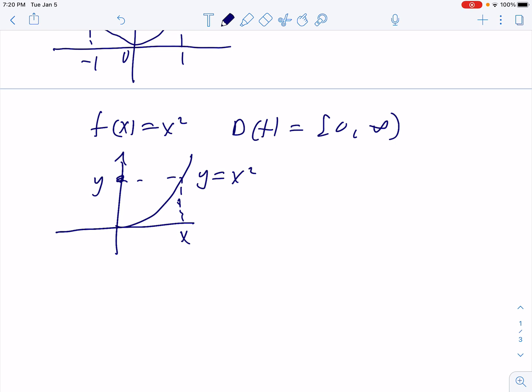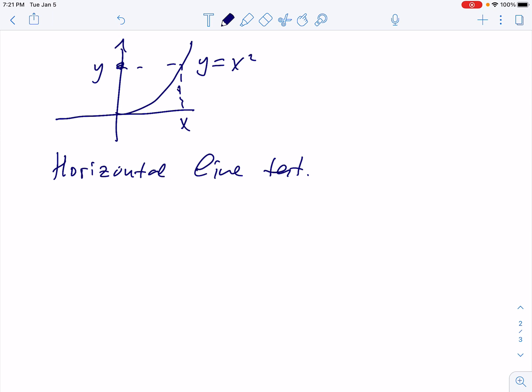So we have an easy geometrical test, which we can call the horizontal line test. We take horizontal lines and we want them to cut the graph only once.